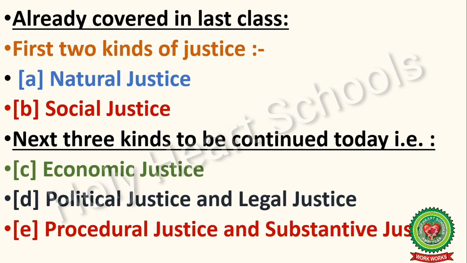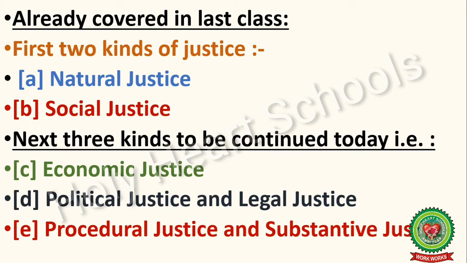But already in the last class, I discussed with you the first two kinds of justice, that is natural justice and social justice. Under natural justice, I gave you the example of all the weathers in a year, that all the plants and aquatic animals and birds and everything feel they are justified with all the weathers, with natural justice.